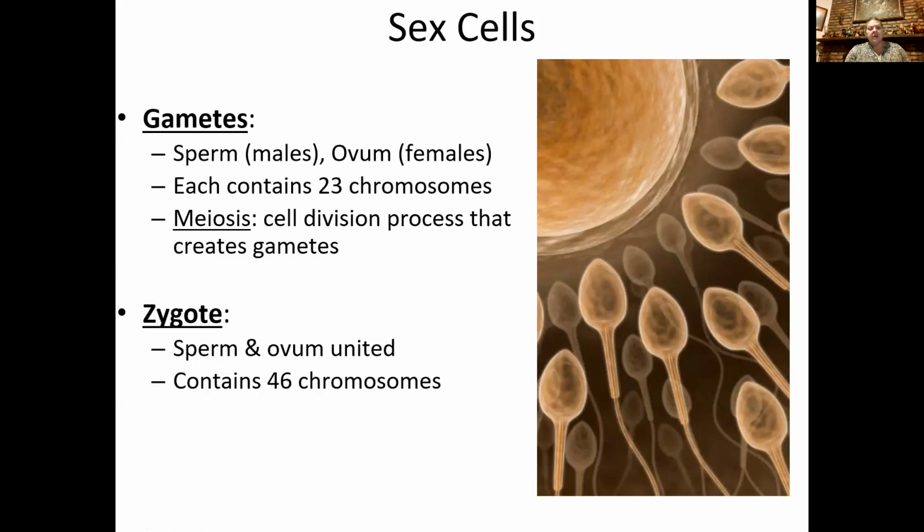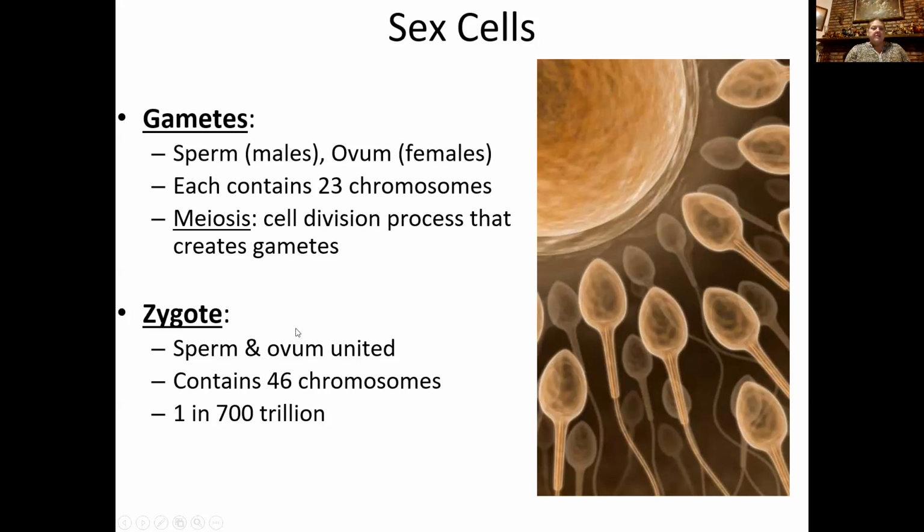A zygote is what happens when one of these sperm penetrates the wall of this egg. This sperm will penetrate, the tail will break off, and the head will head to the center of this cell, which is the egg, the ovum. The tail will break off and stay out here, and then this egg will release a substance to prevent any other sperm from penetrating.